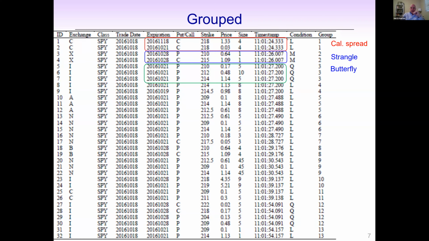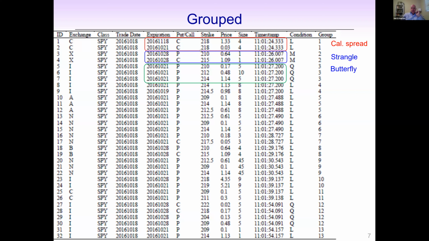Let's suppose we look at the strangle. We don't know whether this was a purchased strangle or a sold strangle, but we estimate the fair value of the strangle from the midpoints on the single leg limit order books, and then sign the trade by comparing the trade price to the midpoint estimated from the single leg limit order books.